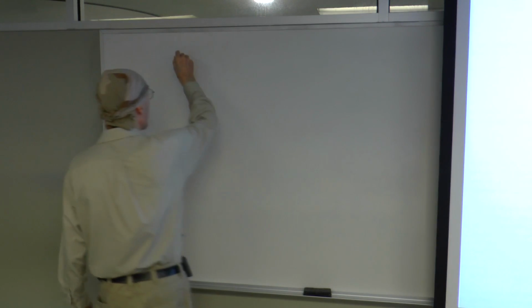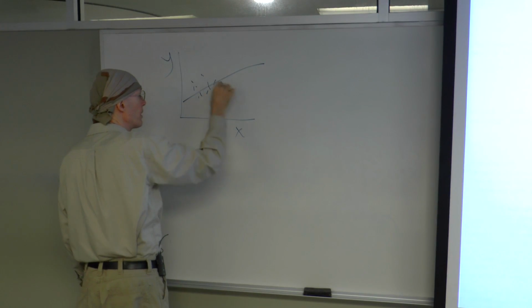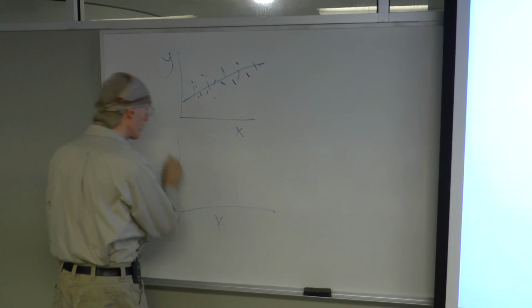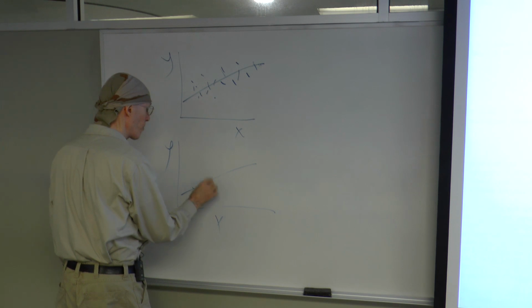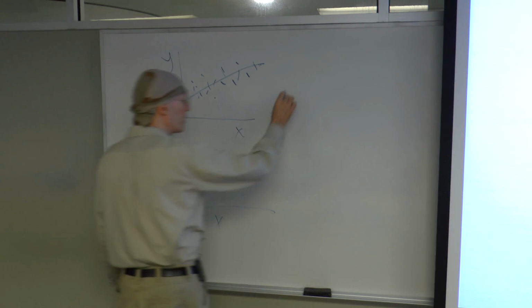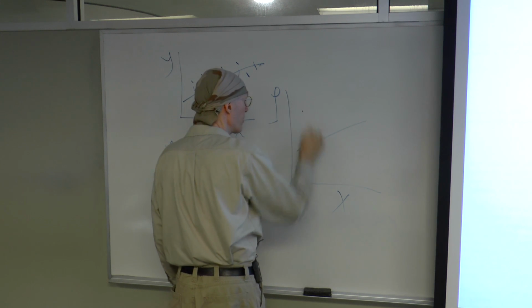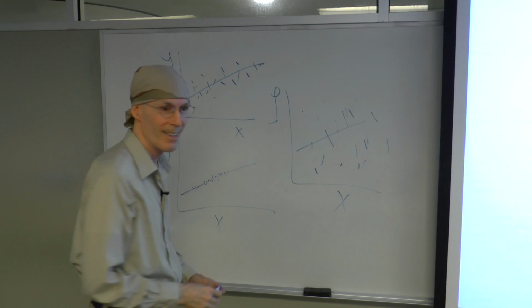Meaning, if you have X here and Y here, and a regression line there, and data sort of around that, versus this. Okay?